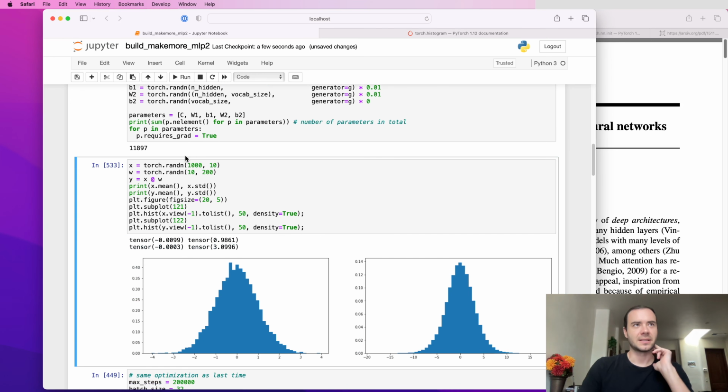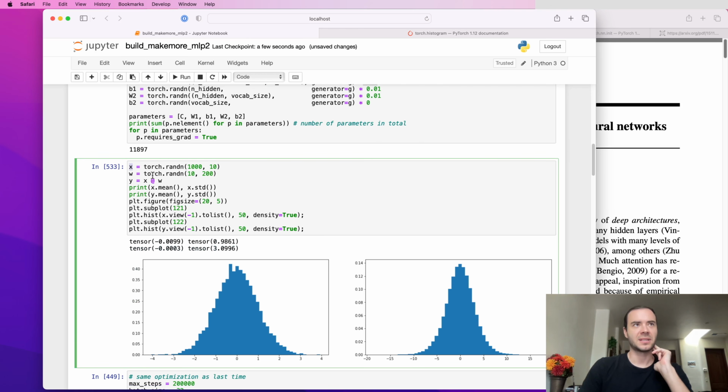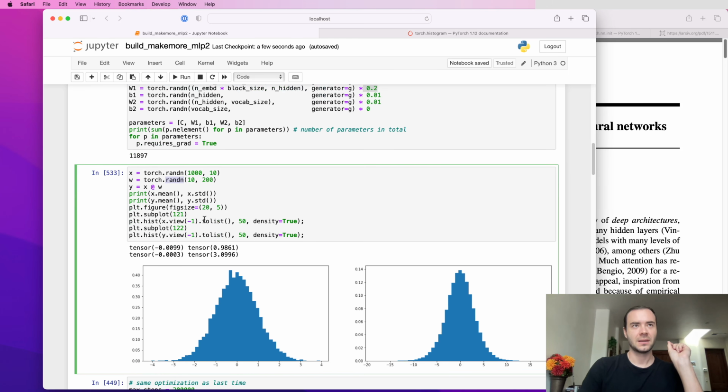What I'm doing here is we have some random input x that is drawn from a Gaussian, and there are 1,000 examples that are 10-dimensional. Then we have a weighting layer here that is also initialized using Gaussian, just like we did here. These neurons in the hidden layer look at 10 inputs, and there are 200 neurons in this hidden layer.